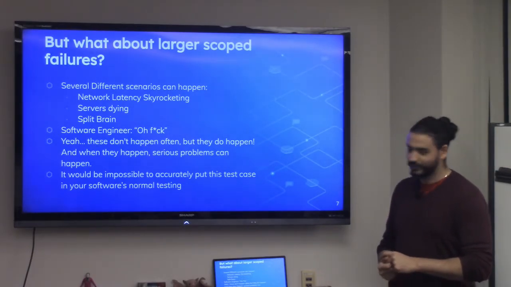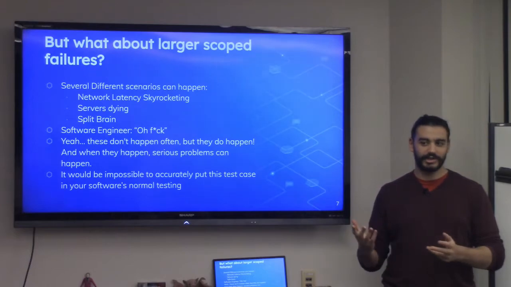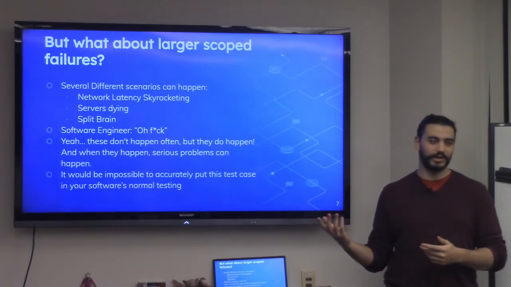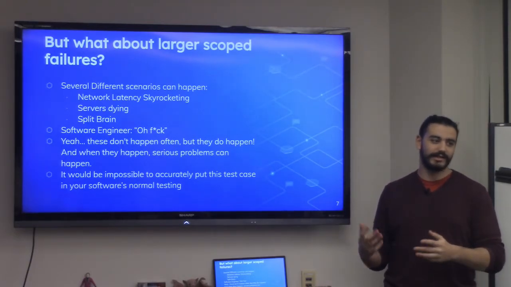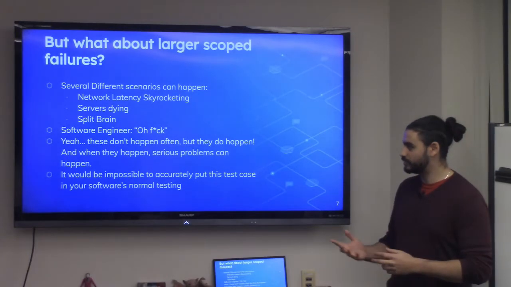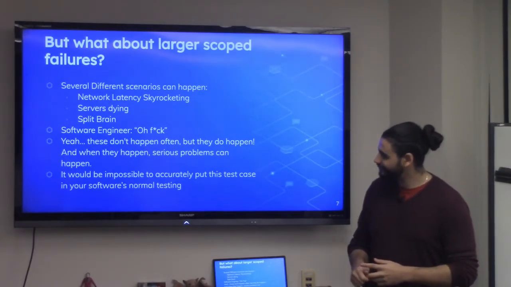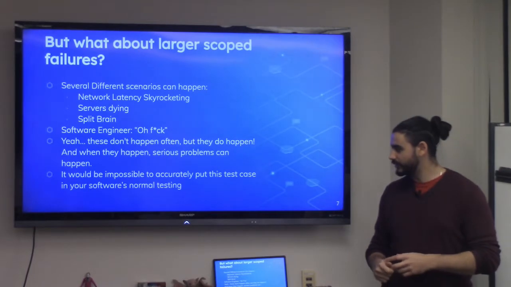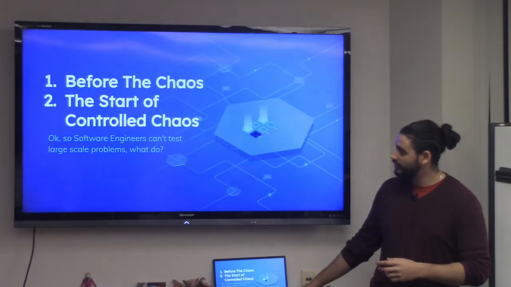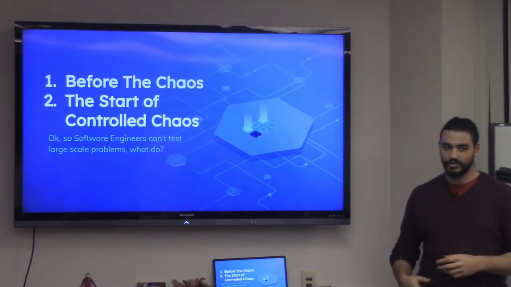And so software engineers are just kind of like, what do I do? Because these are pretty rare and I don't know how to test it. And that was before the chaos. But yeah, this goes into the start of controlled chaos.